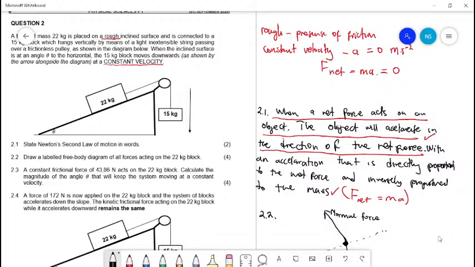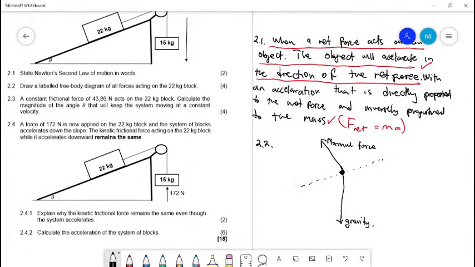So if this is moving up the incline, it means that the direction of friction will be down the incline. So this will be our friction, just like that. So that's the third force.